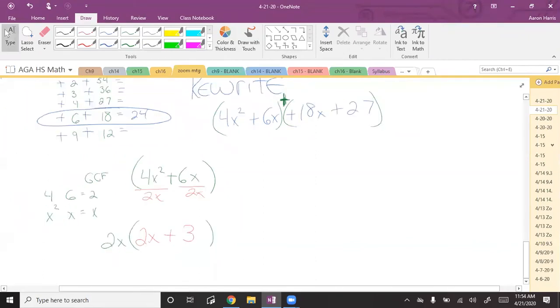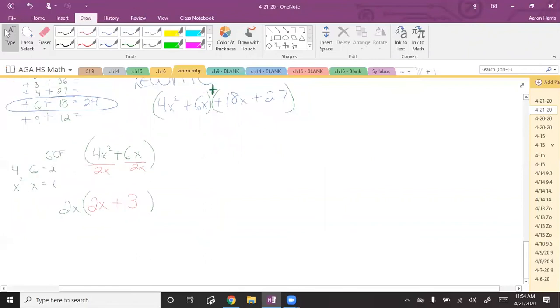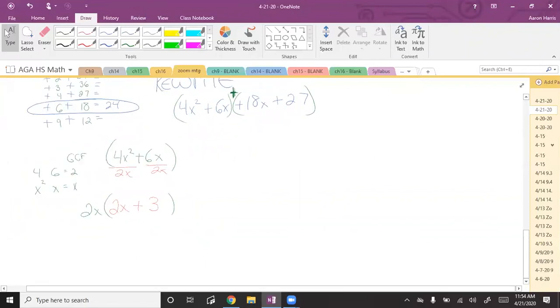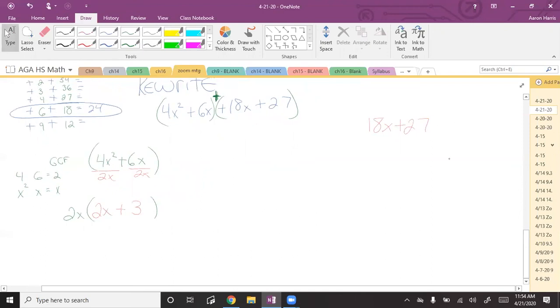Now what do you do? You find the greatest common factor for 18x plus 27. Good. So what is the GCF of 18 and 27? 3.